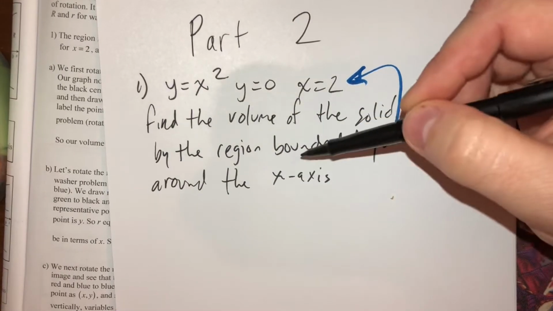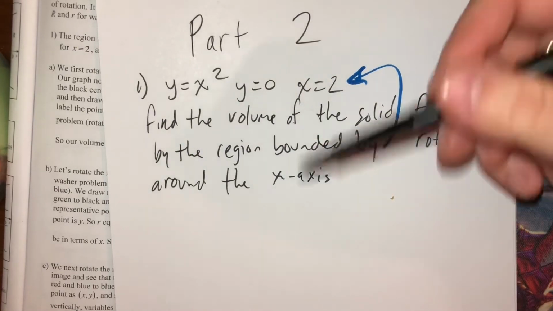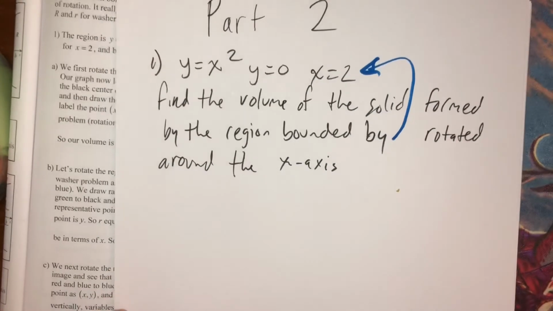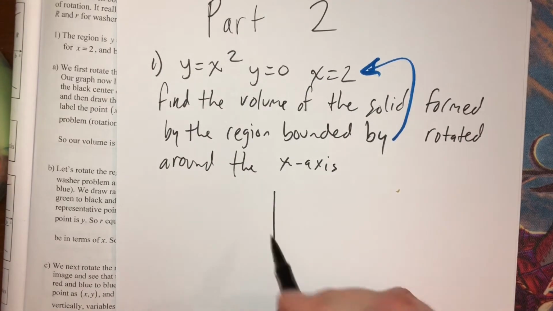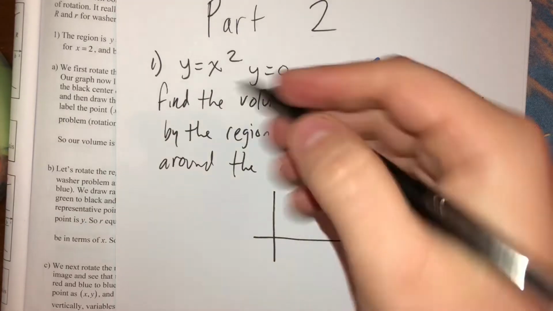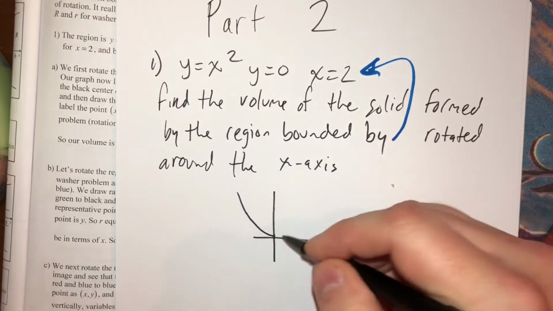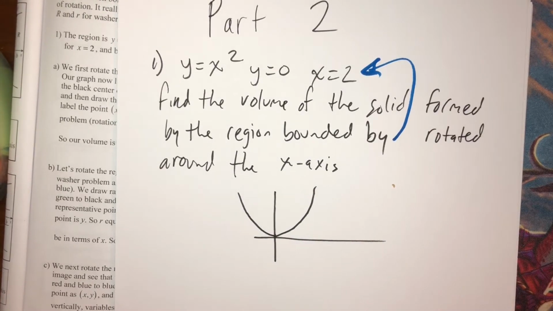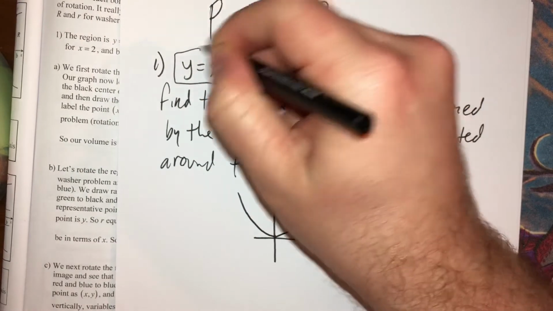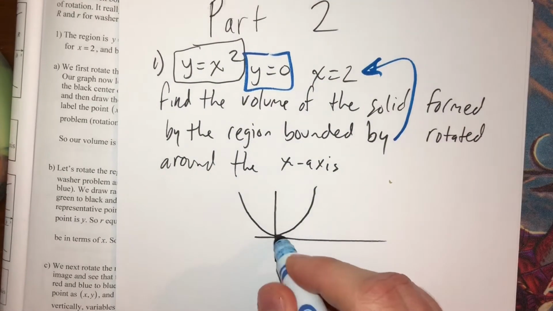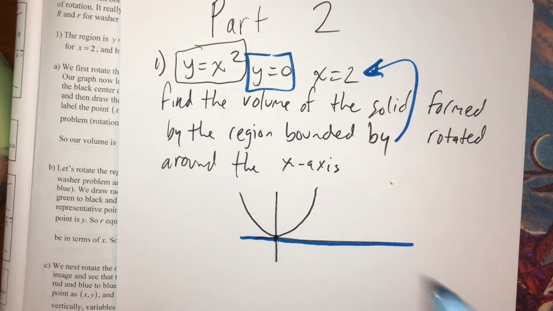Depending on what we pick for our axis, the problems become wildly different. But let's start out with this shaded region. y equals x squared is this doohickey, right? So here's y equals x squared. I'm going to try to color code these. We got y equals 0. So they intersect right there.